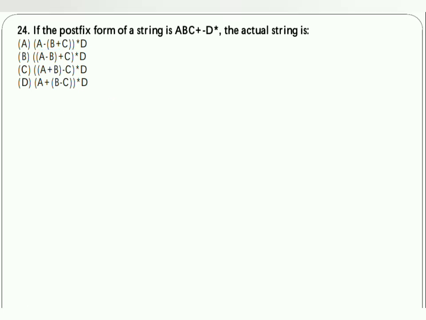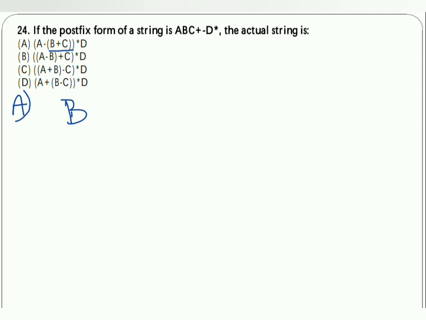For the given question, we have to convert each option into postfix form. Starting with A, the first one. We will start from the center point, that is B plus C. We can write B plus C as BC plus. In the postfix form, the operand comes first and the operator comes at the end.